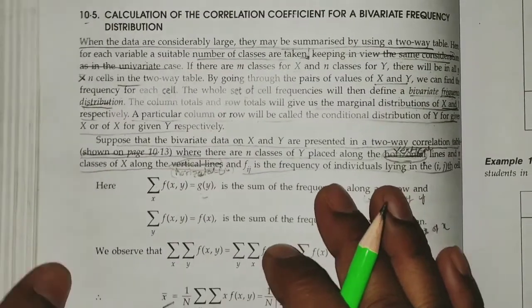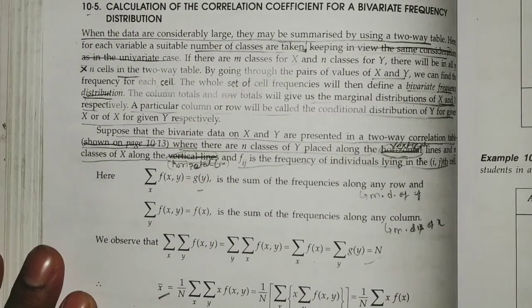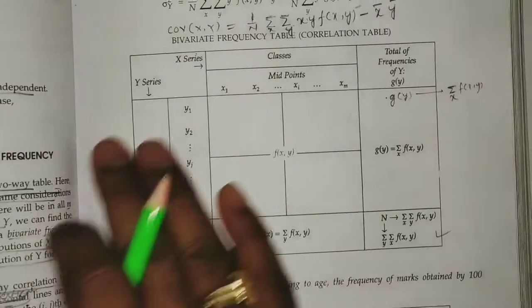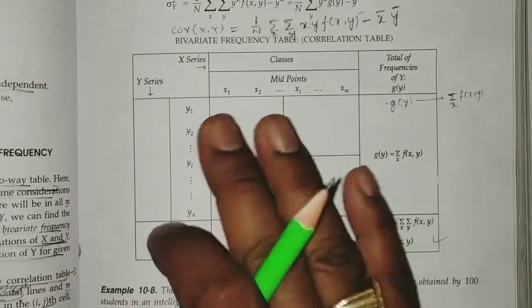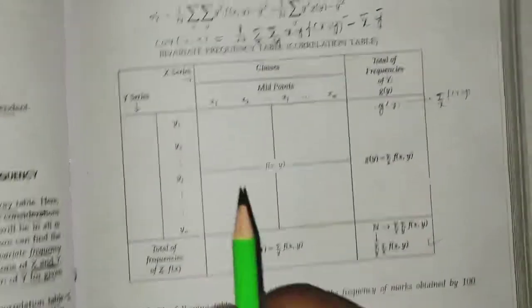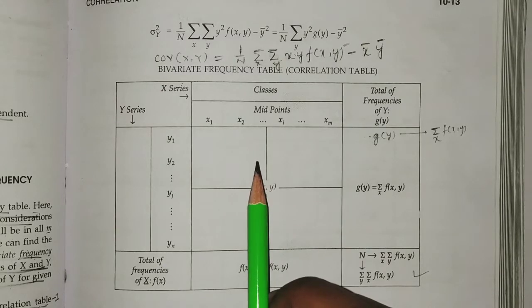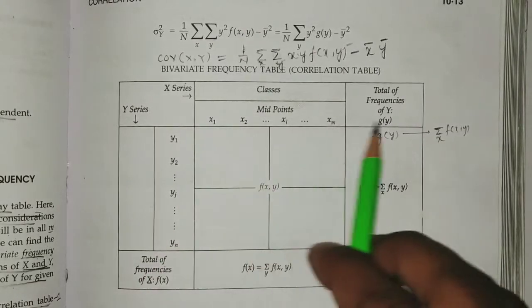Now we are going to go for the mathematical representation of this table. This is the general table, you can say, which represents n classes of y and m classes of x.